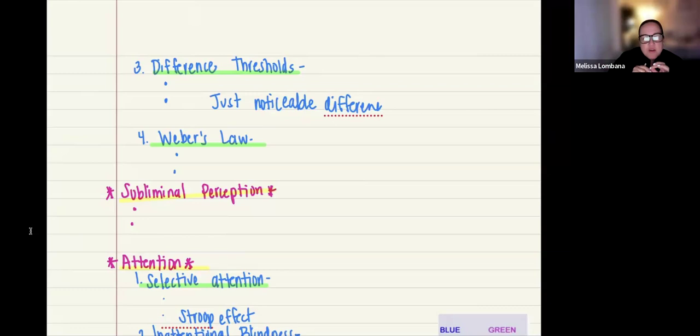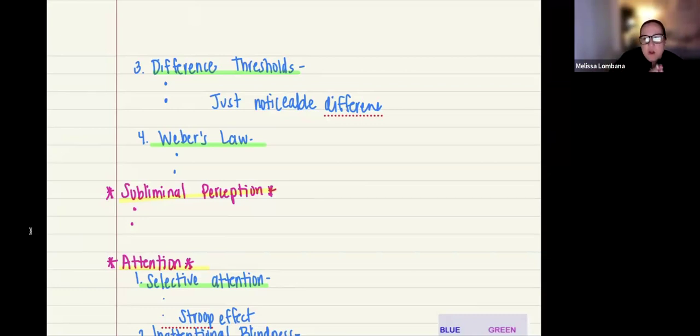So it's noticing the difference between the two stimuli. Another example is salt. You put in a little bit of salt and you don't notice a difference until you notice that slight little difference in how much salt there is.